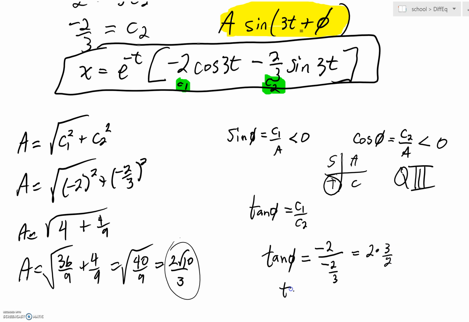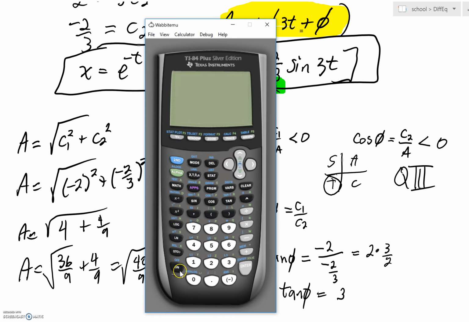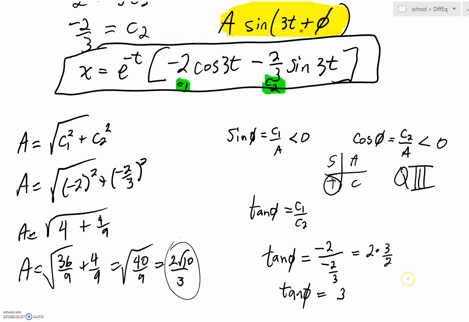You're really saying, when is tangent going to equal 3? Well, we can very quickly get a calculator out, even a TI-84. Check our mode, make sure we're on radians, and we can say inverse tangent of 3. Of course, we're getting about 1.249.